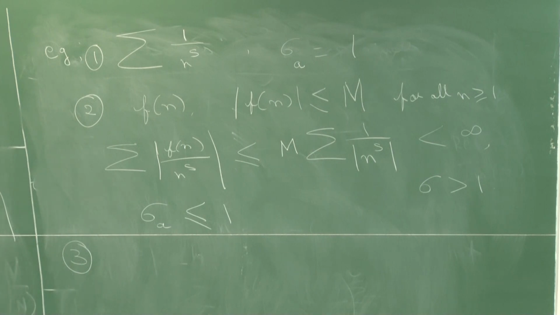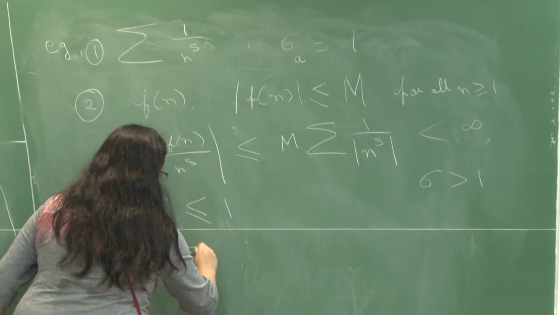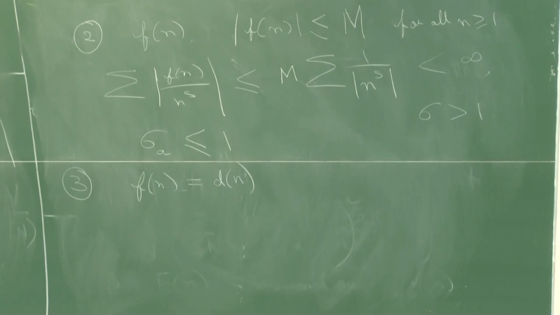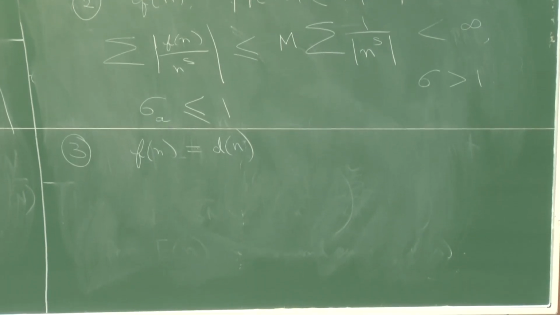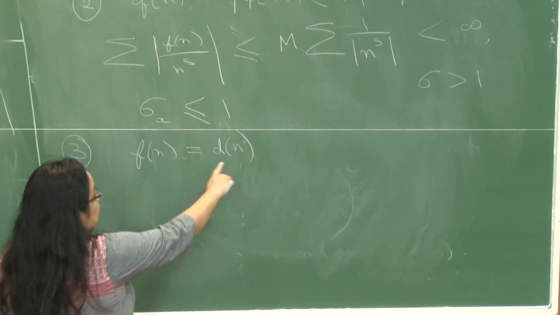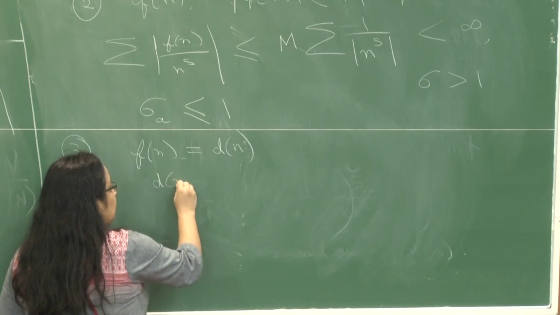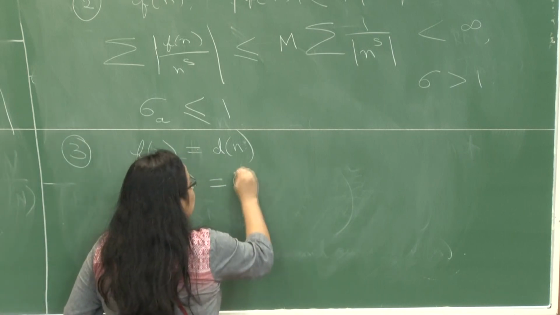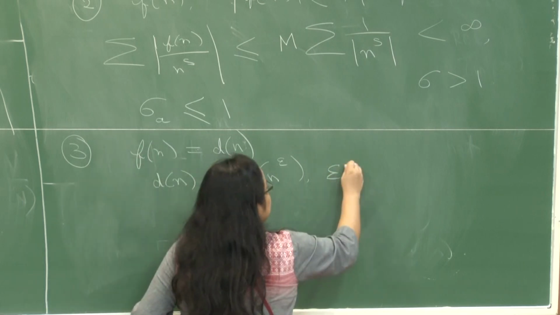Let us take f of n to be equal to the divisor function, or the function that counts the number of positive divisors of n. What can you say about the summation d of n over n to the s? Now recall, d of n is O of n raised to the epsilon for any epsilon greater than 0.